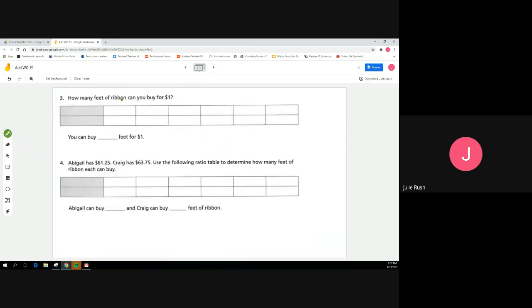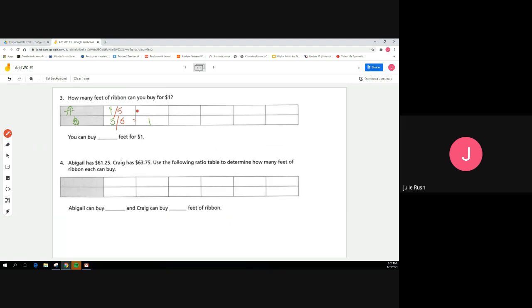All right, question number 3. How many feet of ribbon can you buy for $1? So now I'm still going to have my ribbon on top and my money on the bottom, but now we're trying to figure out our unit rate. So it was 4 feet to $5. What would it be for $1? We get this just by dividing by 5, right? 5 divided by 5 gives us 1. So 4 divided by 5 gives us that rate.